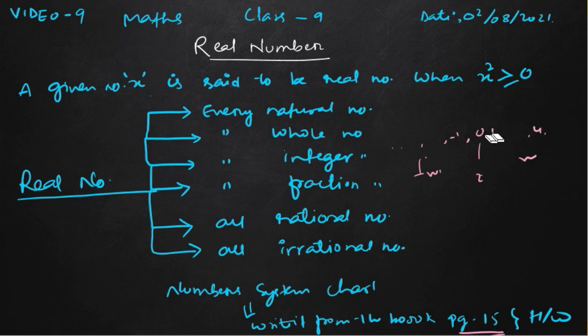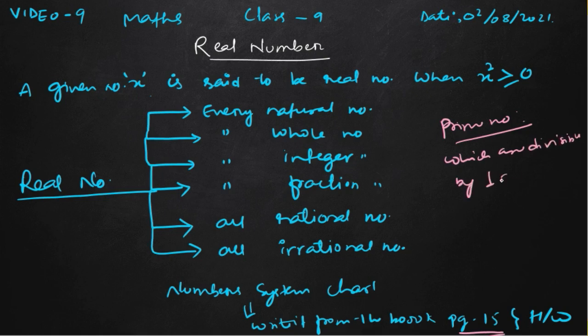Positive integers or natural numbers are again classified into categories. Odd numbers are those not divisible by 2. Even numbers are those divisible by 2. Then we have prime numbers and composite numbers. Prime numbers are those divisible only by 1 and the number itself, such as 2, 3, 5, 7, 11, 13.